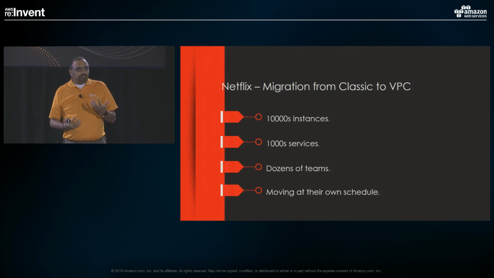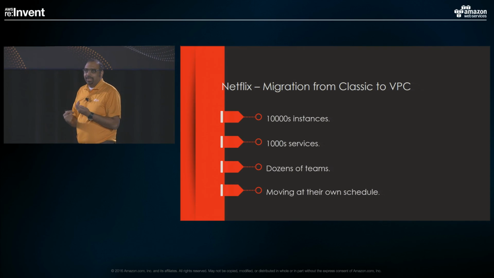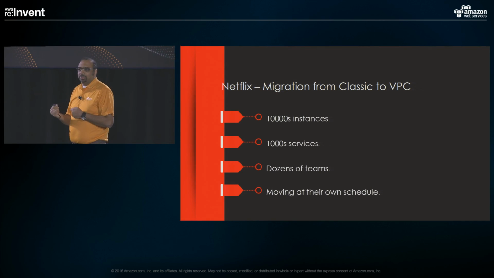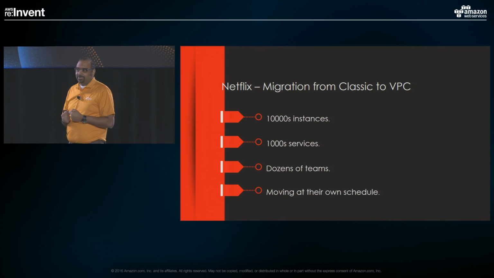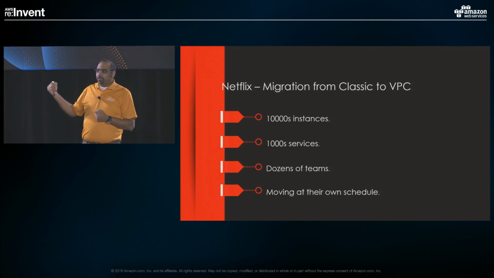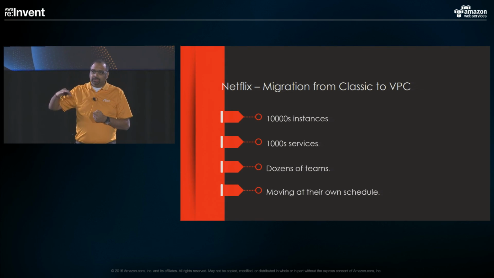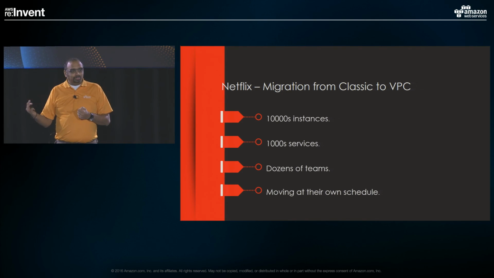In an environment with 100,000 plus instances there are a lot of tools, so there was some tooling work, and that's another reason they started with the non-critical applications. This gave them some learnings, and they leveraged a lot of the features that we talked about here, both on the Classic Link side as well as on the VPC side, which helped them do their migration.